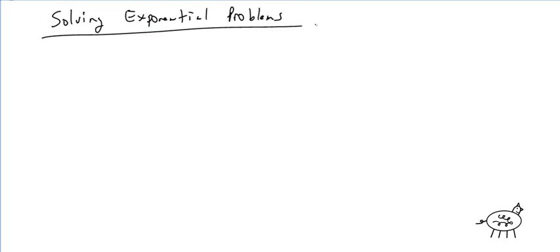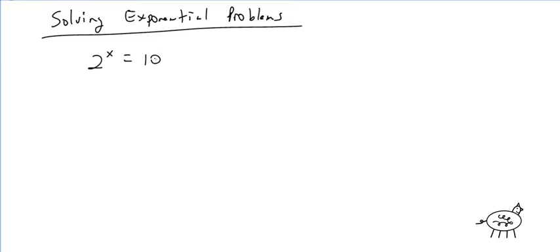Okay, so let's delete that and let's practice solving. This is just part of this unit here. Solving exponential problems. We're going to actually use manual and graphing calculator, okay, because you need to know how to do that. So here's the first one. 2 to the x equals 10.